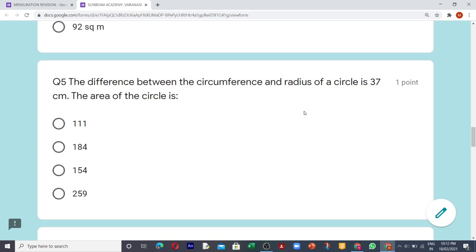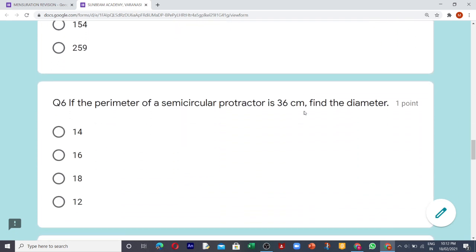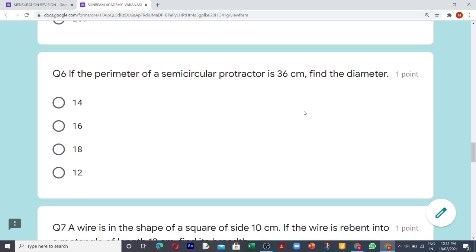Now, sixth question. See this. If the perimeter of a semicircular protector is 36 centimeter, find the diameter.